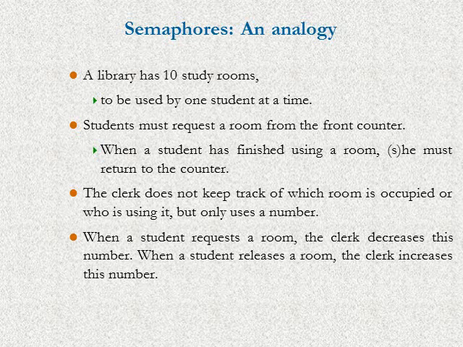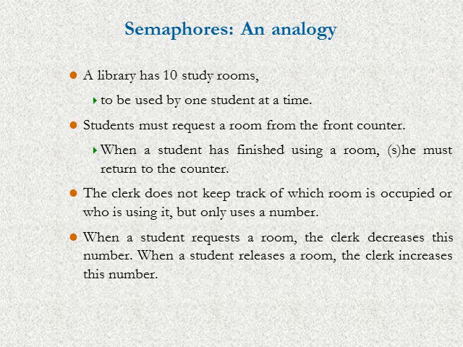For instance, you have a library that has 10 reading rooms, and the reading rooms are large enough only to accommodate one student at a time. So students can request a room from the front desk, and once they complete their study, while leaving the library, they can tell the front desk officer that they have left the room.